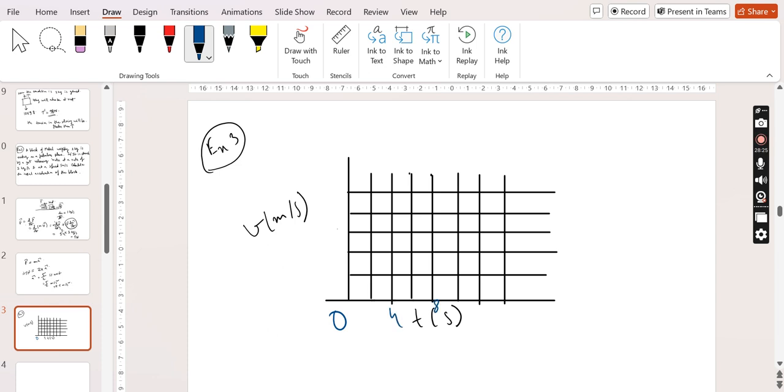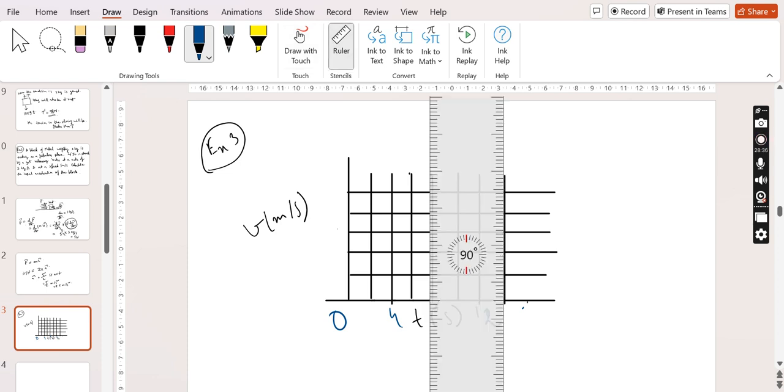This is 4, this is 8, 10, 12. And then another graph will be there.